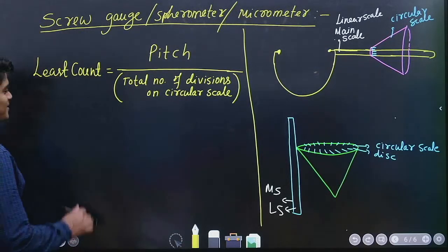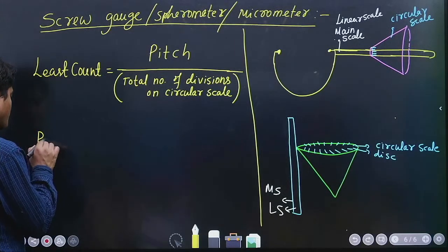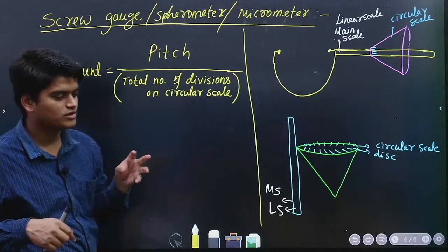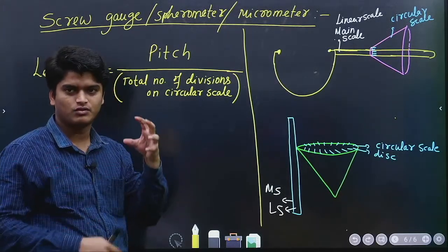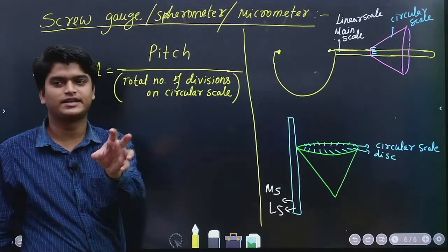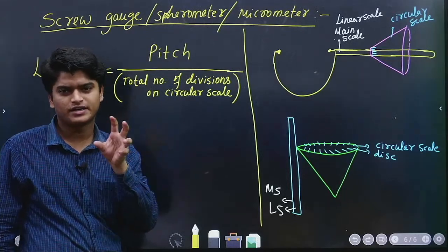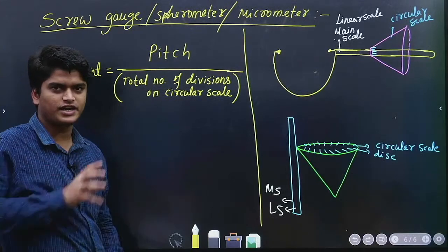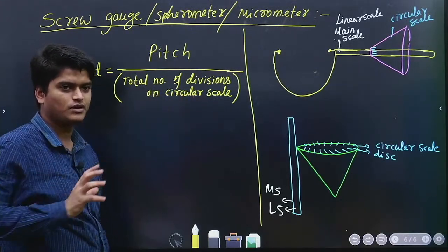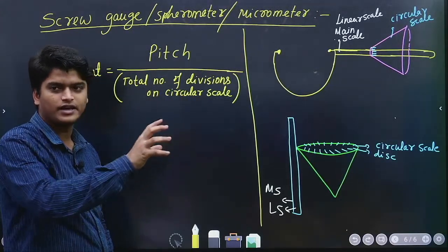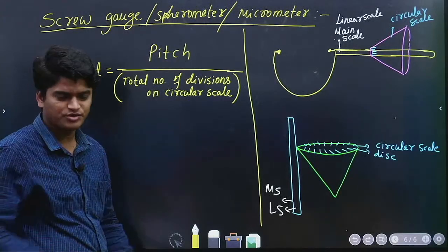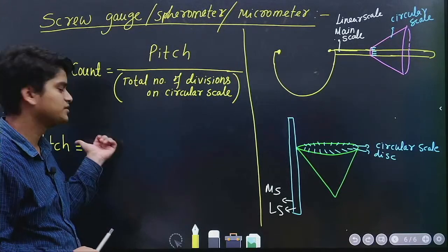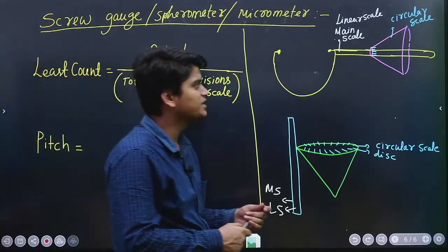Now listen, what is this? When something is rotating and traveling, it travels a linear distance. Suppose it is rotating this way and traveling. In one rotation it will travel some linear distance. That is called the pitch.